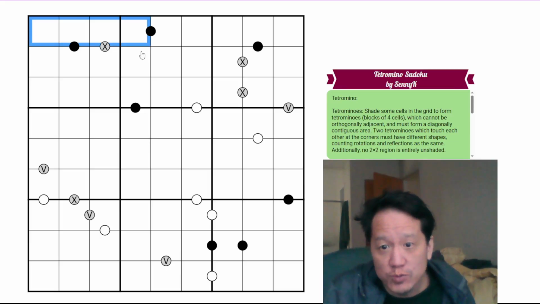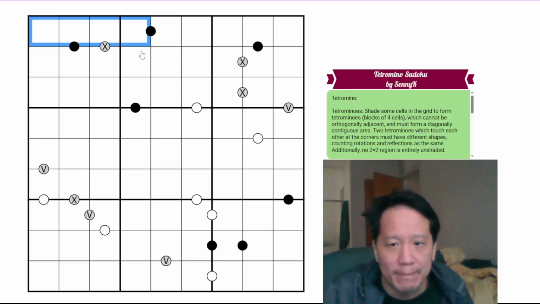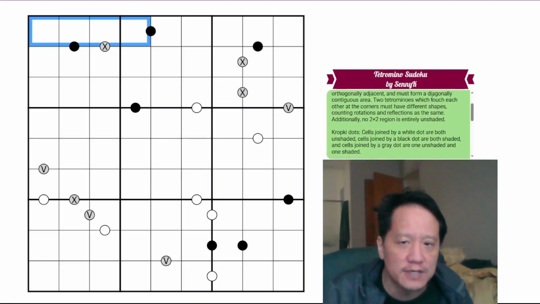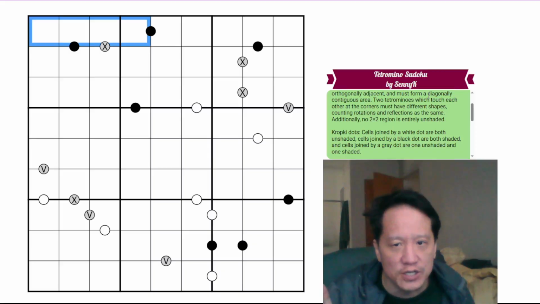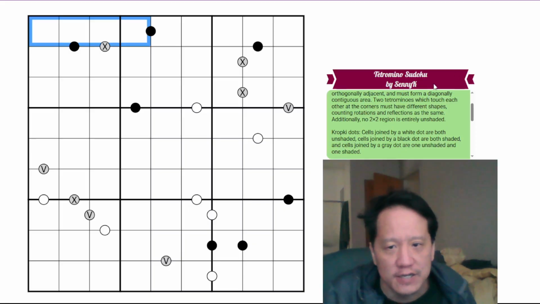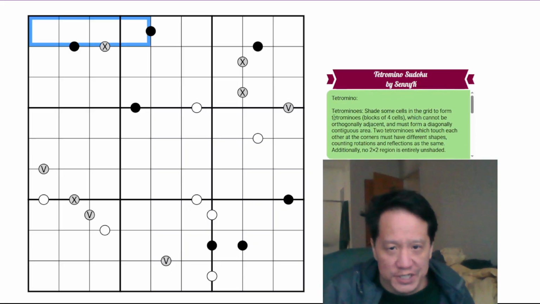Two tetrominos which touch each other at the corners must have different shapes, counting rotations and reflections as the same. And additionally, no 2x2 region is entirely unshaded. So what does this mean?